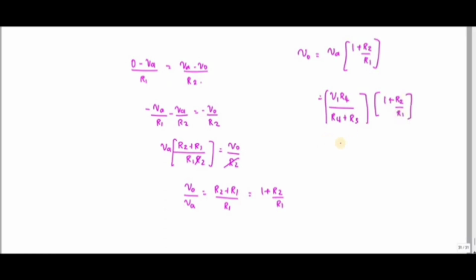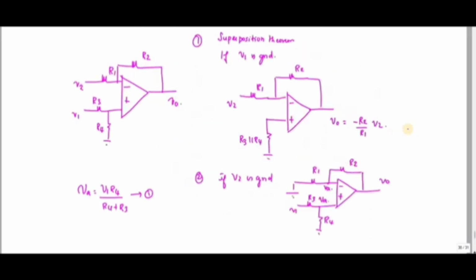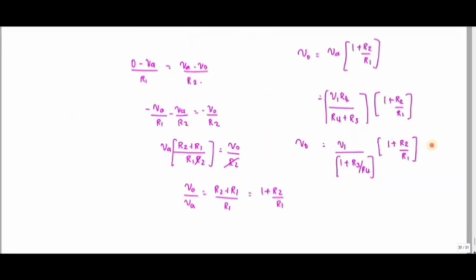If that is the case, I can take the R4 value below. So this is your V0 for the second case. This is your first equation, and this is your second equation.